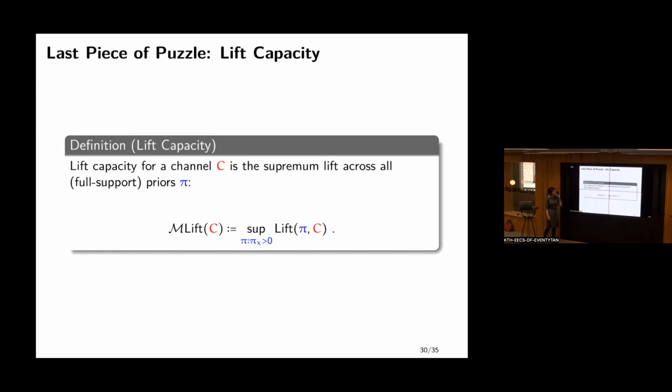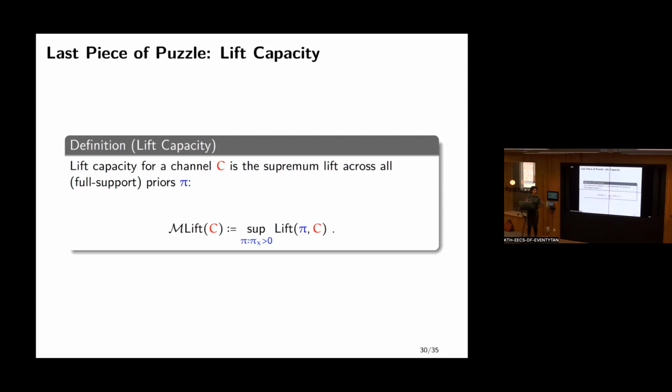If you take out the dependence on the prior, you come up with a quantity that is only a function of the channel, where you take out the worst case prior. What is the worst case prior that results in the highest lift? You call it lift capacity, okay? It is trying to abstract away the actions or the assumptions of the adversary.